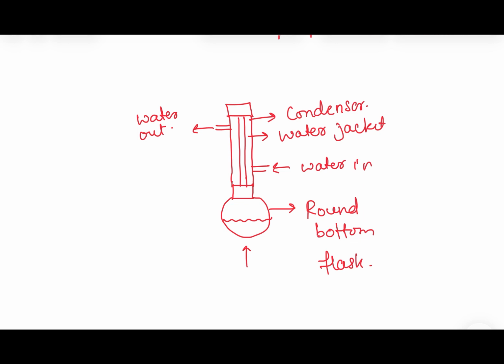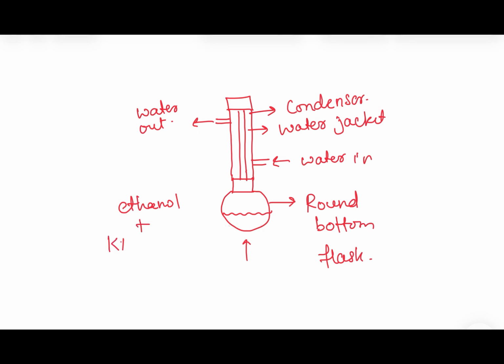So we have this kind of setup where we are supposed to add the alcohol which we want to convert into carboxylic acid. We'll just take the same example, ethanol, plus we will be adding KMnO4, which is our potassium manganate. Now we are supposed to heat the mixture of ethanol and potassium manganate, that is the oxidizing agent.